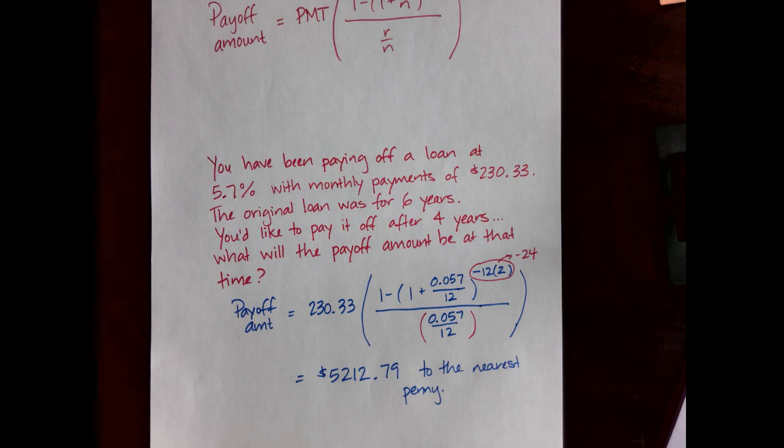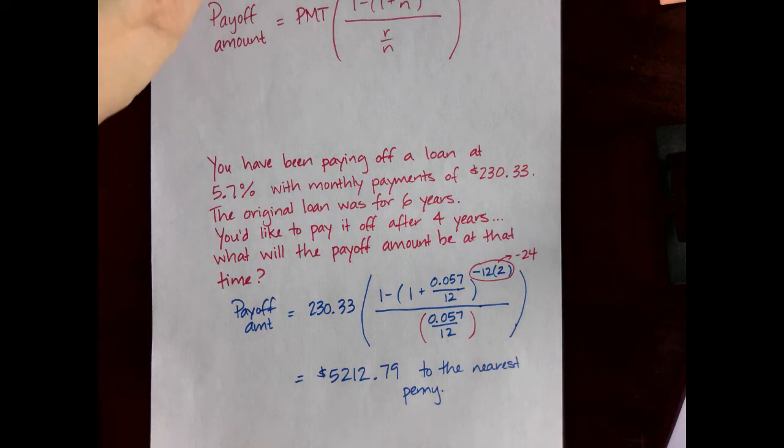We don't know how much the original loan was for, but we can do a little bit more analysis here. We could compare this $5,212.79 to the amount of money that we would have paid if we had continued to pay for those next 2 years. So let's check that out.